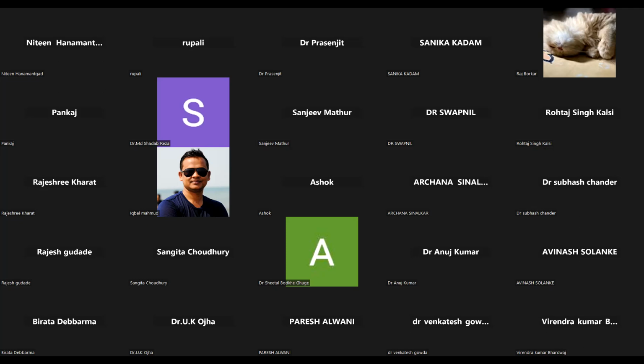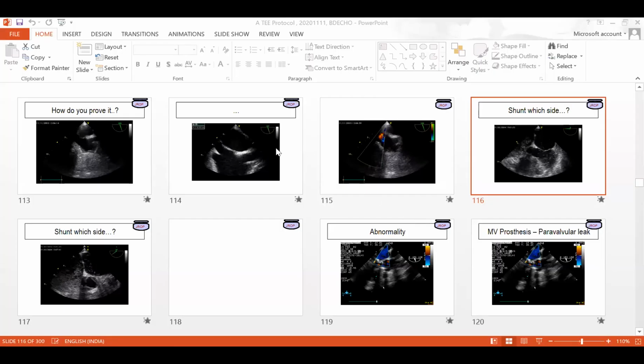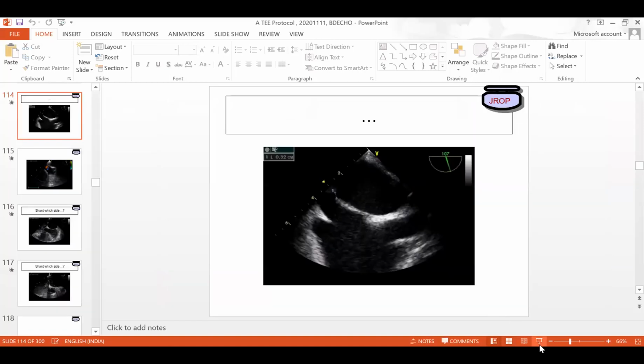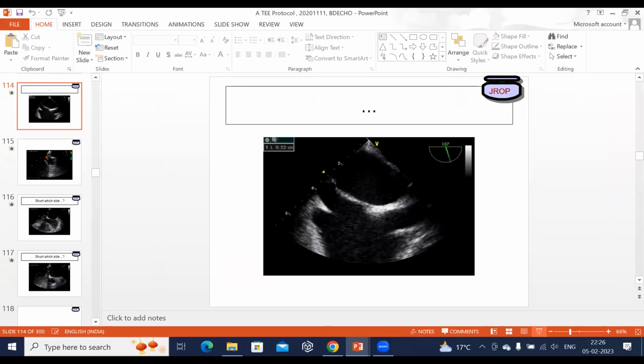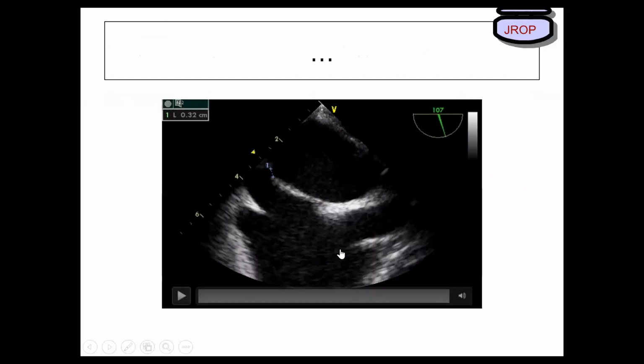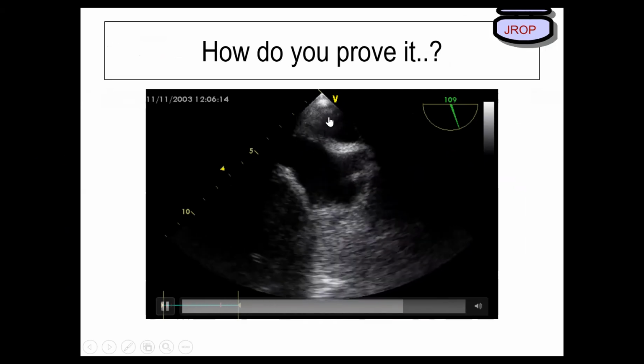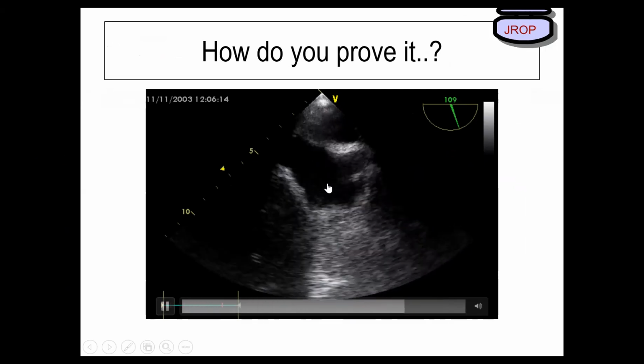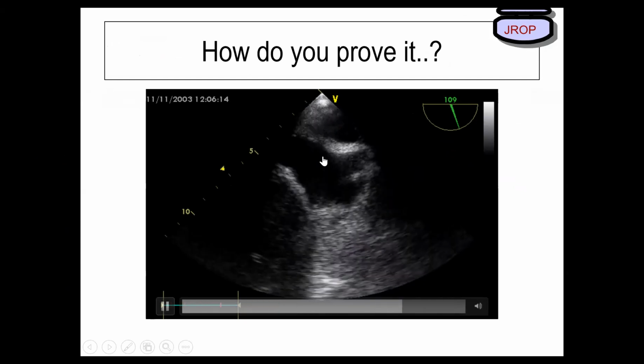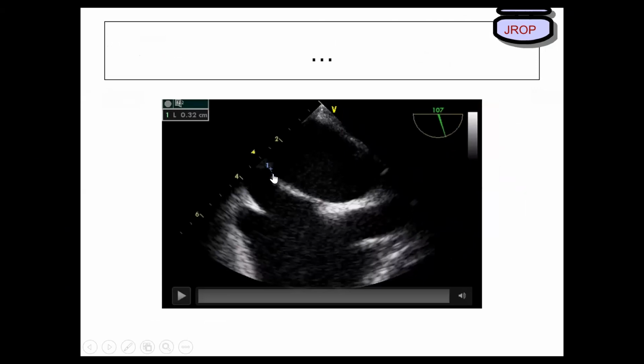All right, slide 116. Now, this is what I was trying to show you. This is a patient in whom we suspected an interatrial septal aneurysm with dilated RV and RA. Now look, this is the interatrial septal aneurysm which is present.